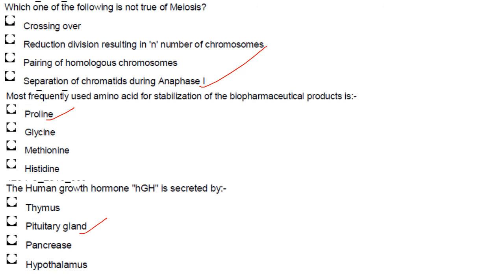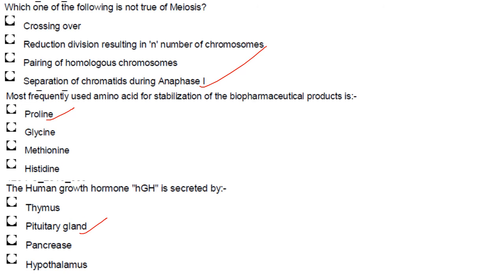Whereas in anaphase 2 the sister chromatids separate and the centromere splits into two, which results in two separate chromatids. So separation of chromatids takes place during anaphase 2, not in anaphase 1. So which is not true of meiosis is option D.